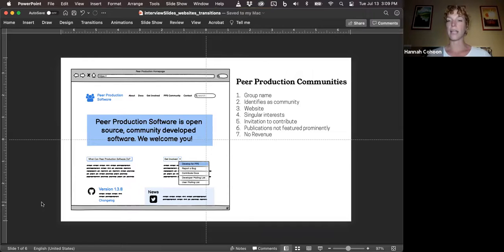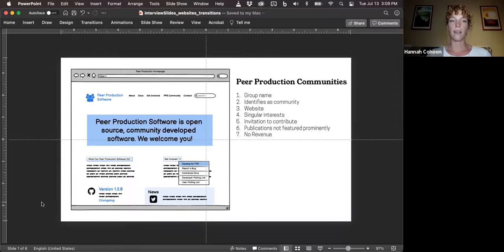So we would say that open source is referring to the license, but peer production is talking about the fact that a group of peers is working together on a piece of software. So that's where that title comes from. And funding agencies like NSF think that peer production is a good way to pursue sustainability. And so they've been funding software projects to do that.